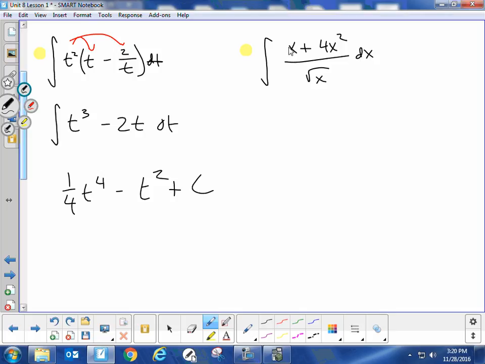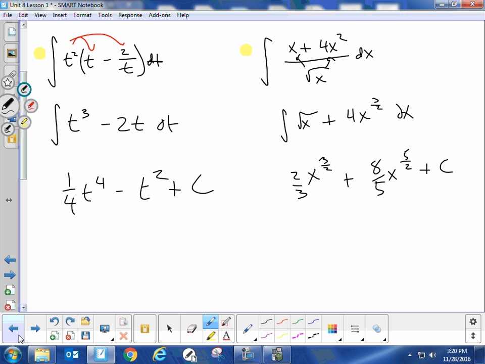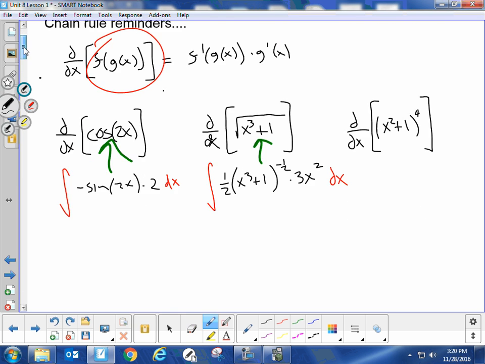Same with this. You might think, oh, set u equal to maybe this root x or maybe this 4x squared. But turns out what you really should do is simplify. And this is root x plus 4x to the 3/2. And you could take the antiderivative of these. Okay. So what was step 0?